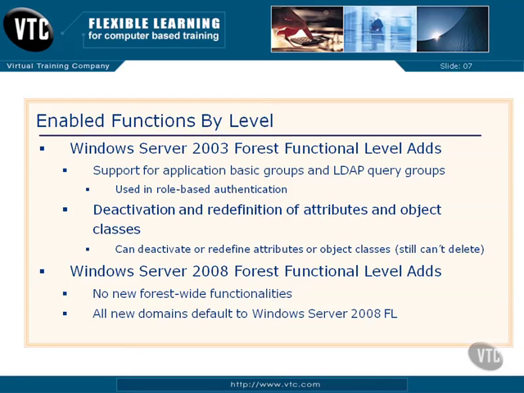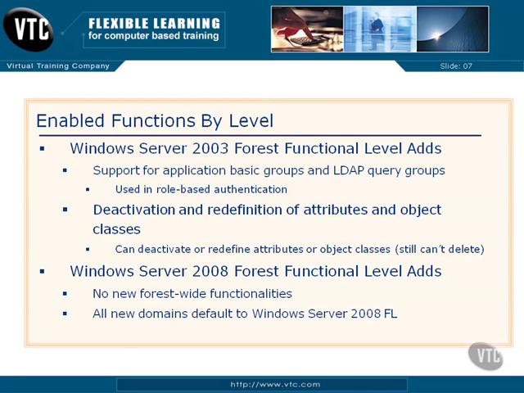There's deactivation, redefinition of attributes and objects. Now this is a big one. You can deactivate and you can redefine attributes or object classes, but you still can't delete them. And this has been a big deal because we took off on this whole idea of changing the schema in Active Directory and extending it.